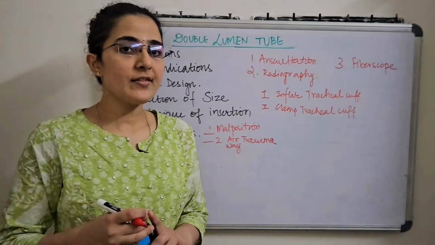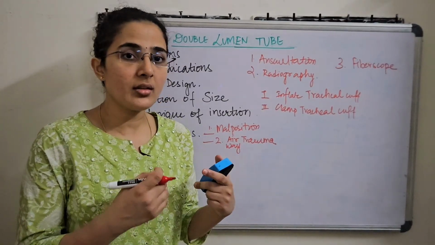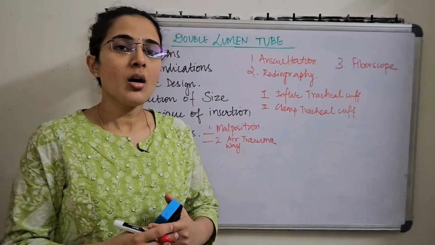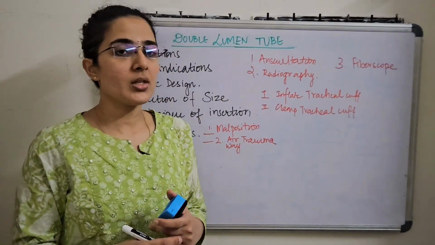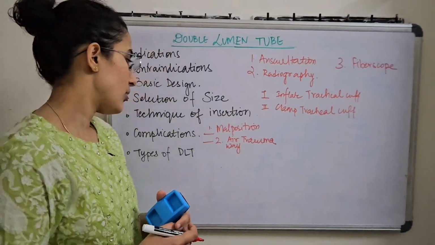And it is also very difficult to ascertain the correct size for a patient, even though we saw some of the methods to identify the approximate size. Often it may not work out for certain patients. So if it's a very huge tube, it may cause a lot of airway trauma.